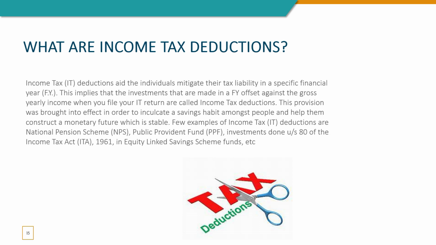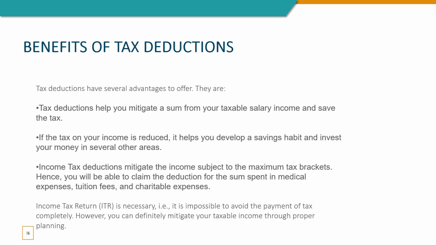A few examples of income tax deductions are National Pension Scheme, NPS, Public Provident Fund, PPF, investments done under Section 80C of the Income Tax Act, ITA, 1961, in equity-linked savings scheme funds, etc. Benefits of tax deductions: tax deductions have several advantages to offer.